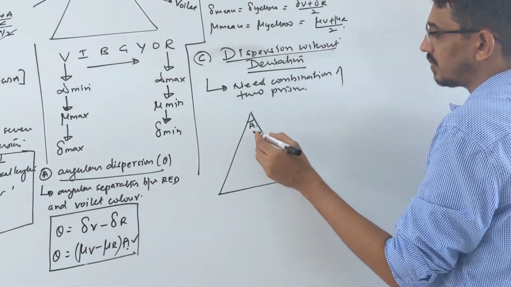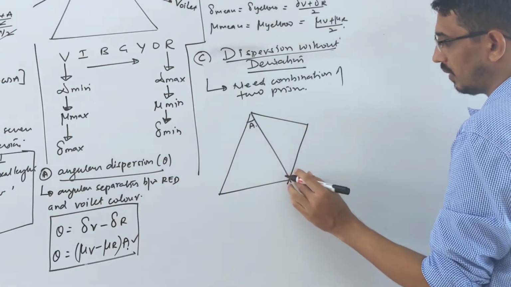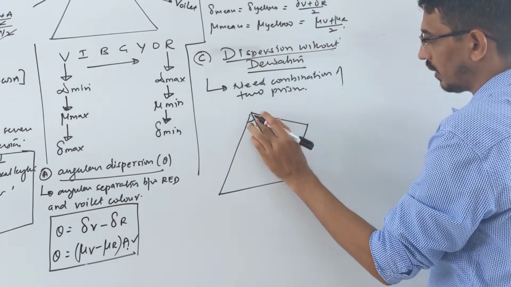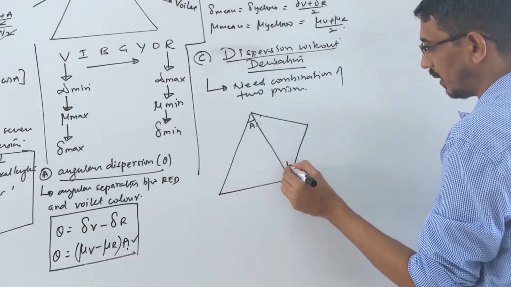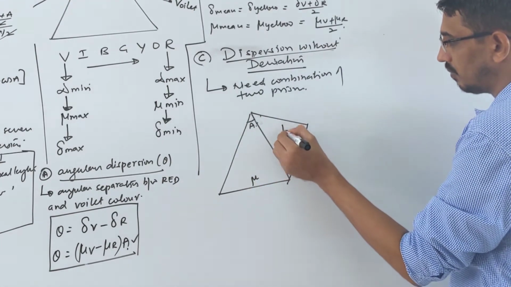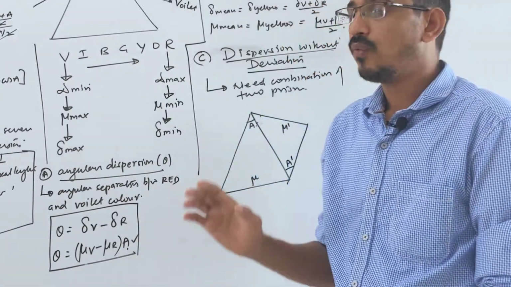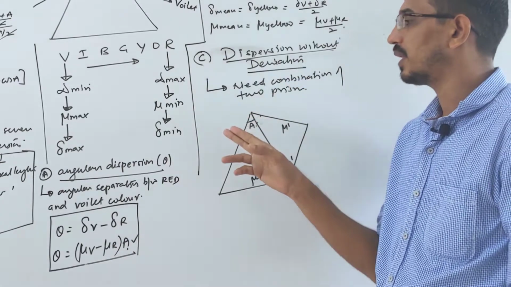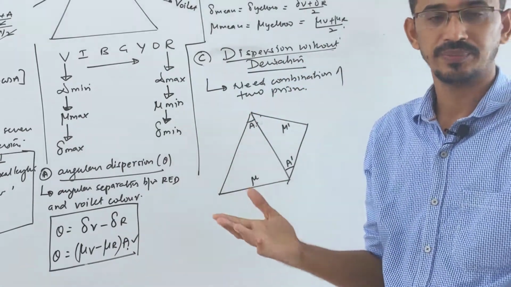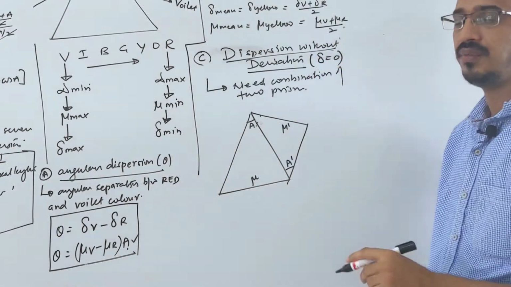Another prism is placed next to this, always in the opposite sense, with angle A dash and refractive index mu dash. I have two prisms. I want dispersion, but I don't want deviation, meaning your net delta should be 0 in this case.